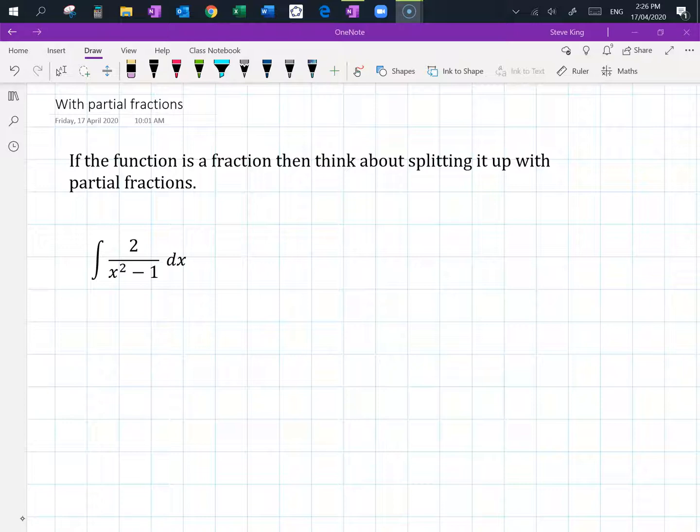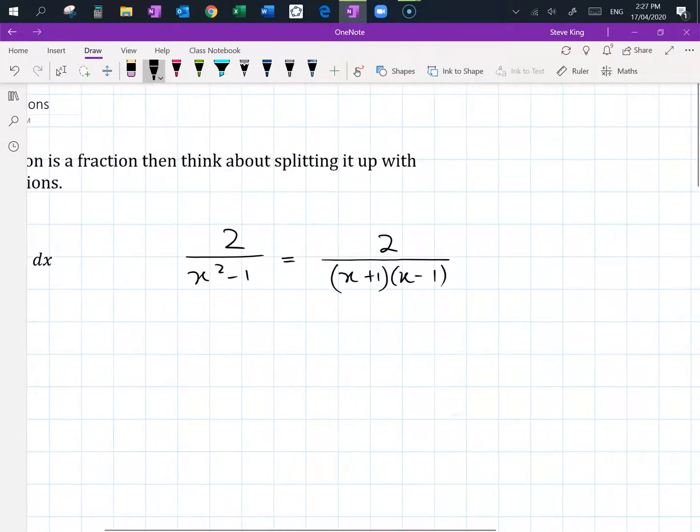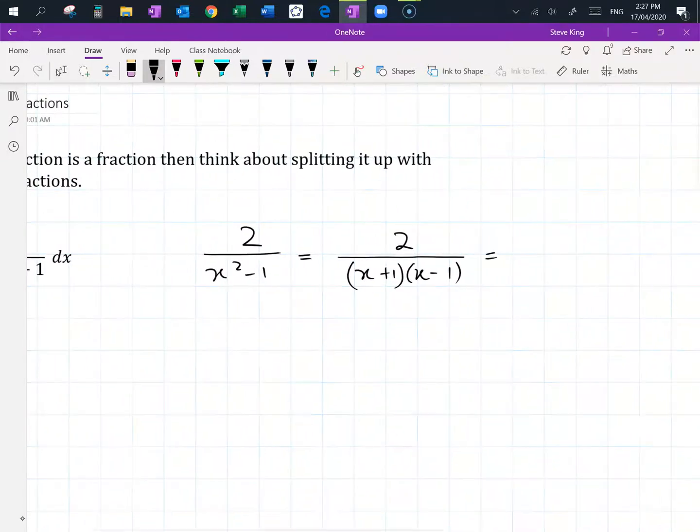Well, if I take this function, 2 over x squared minus 1, I could always rewrite that as 2 over x plus 1, x minus 1, in which case I could write it as a over x plus 1 plus b over x minus 1.